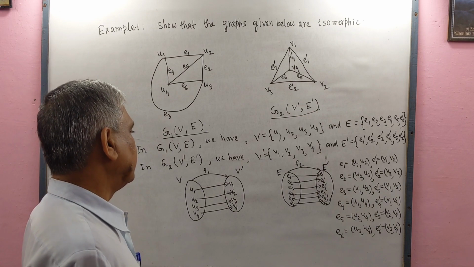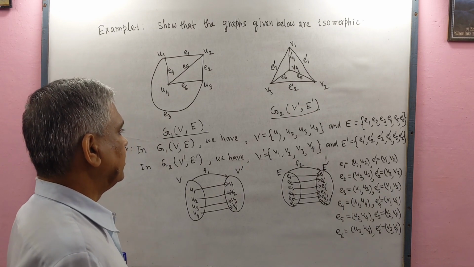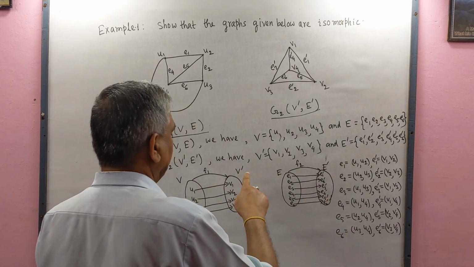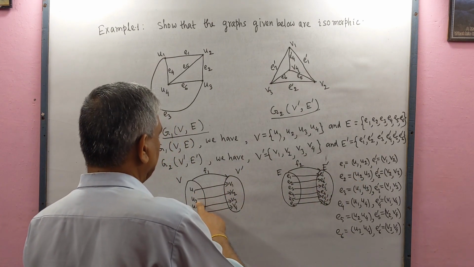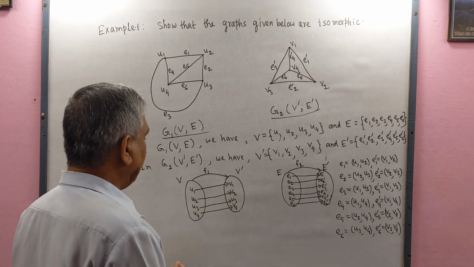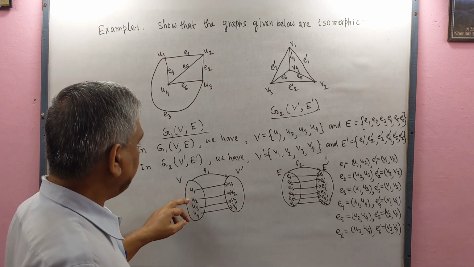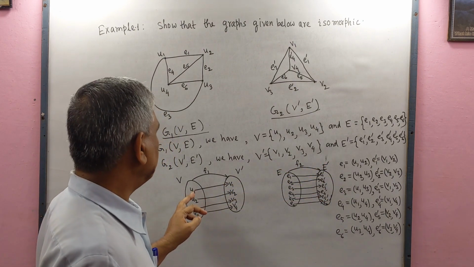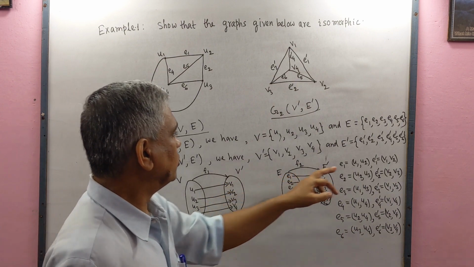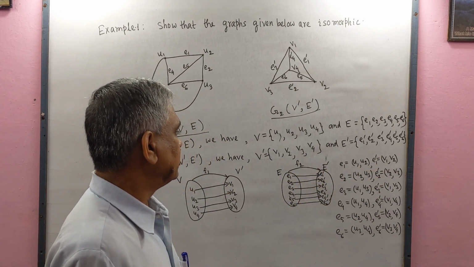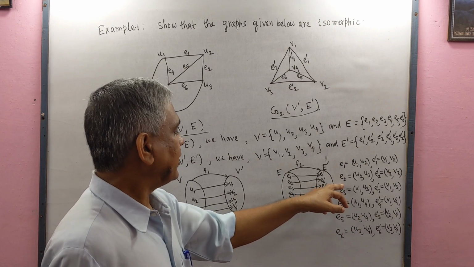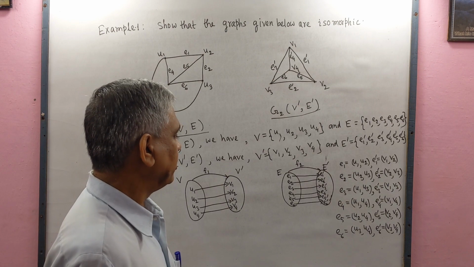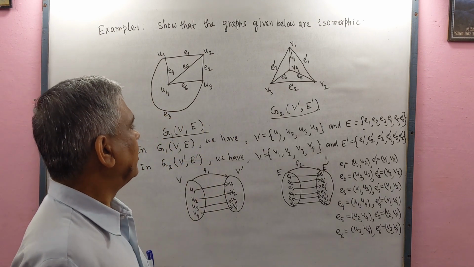And the condition is that if U1 corresponds to V1 and U2 corresponds to V2, then edge U1U2 corresponds to edge V1V2. Similarly, we see that the other edges will also maintain the same rule. Therefore, the two graphs are isomorphic.